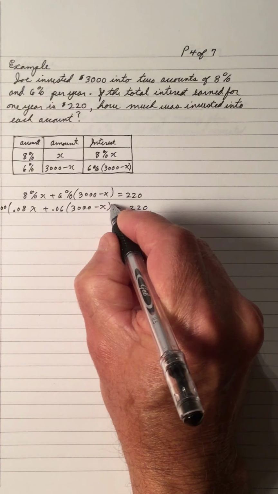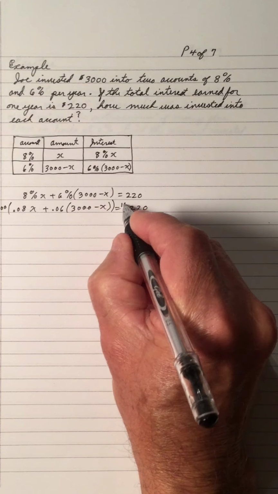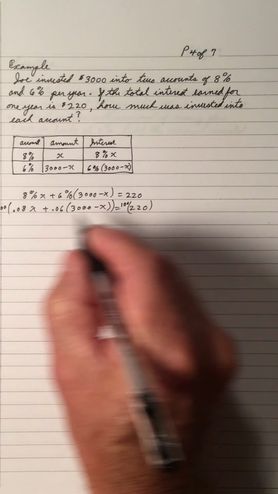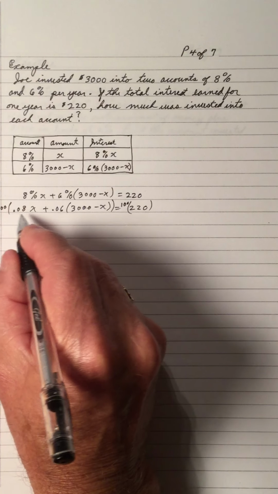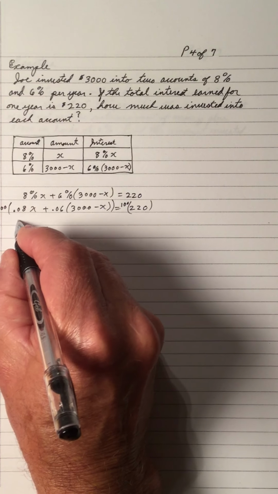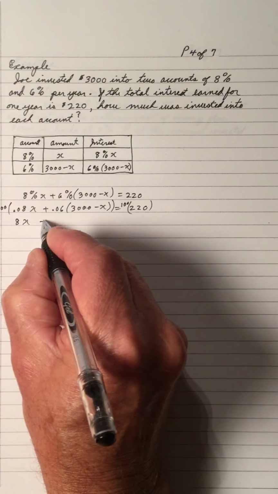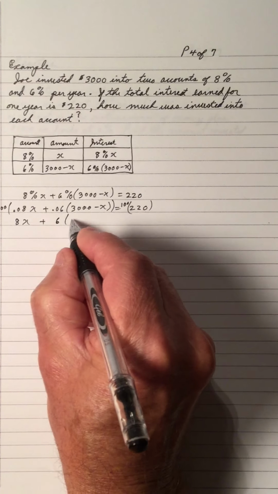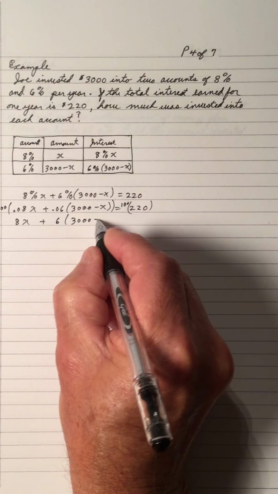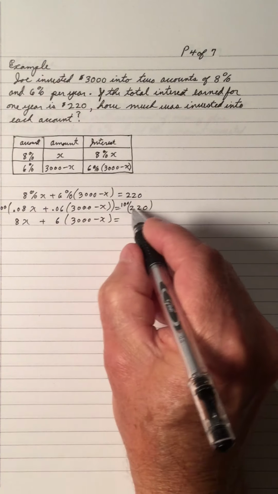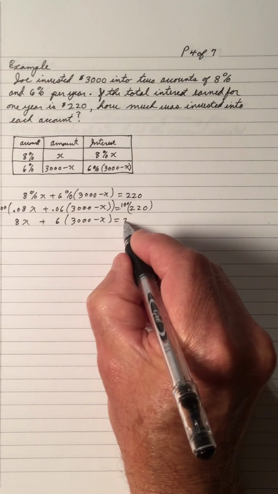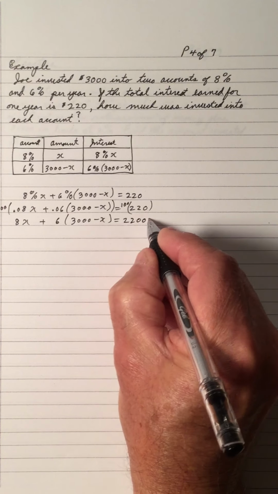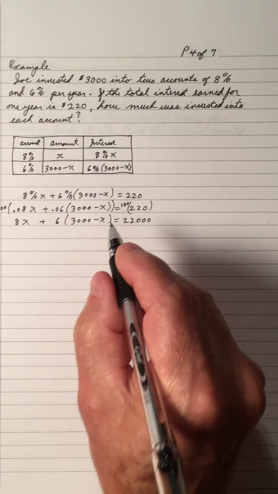When you do that, 100 times decimal 0.08 is 8. 100 times decimal 0.06 is 6. And 100 times 220 is 22,000. Just add on the 2 zeros.